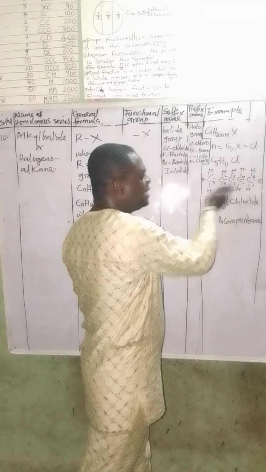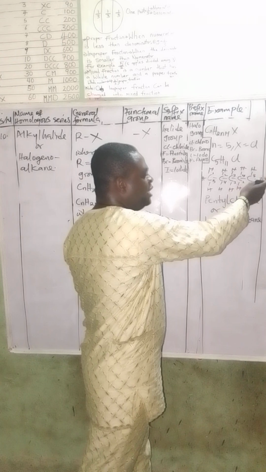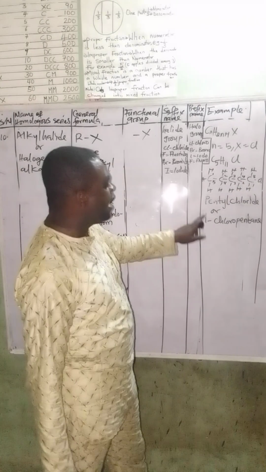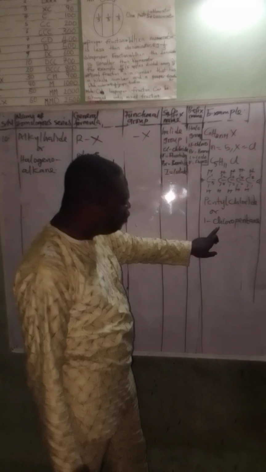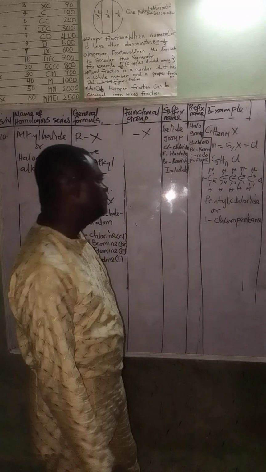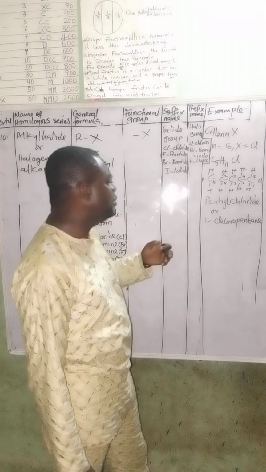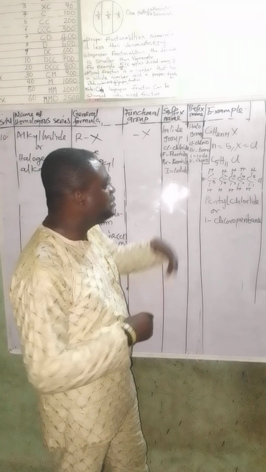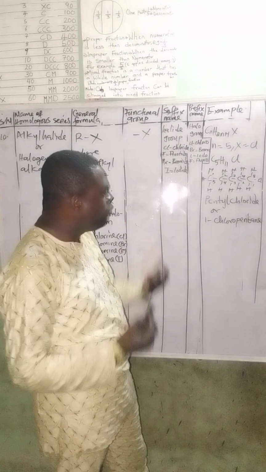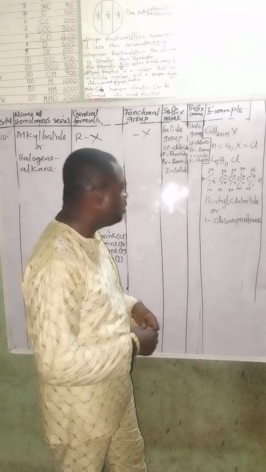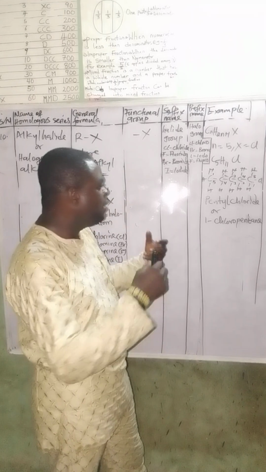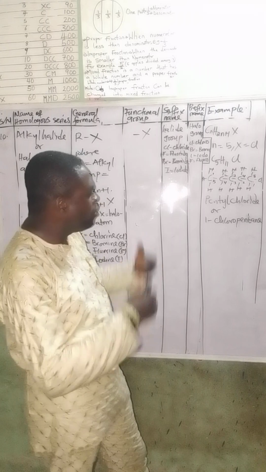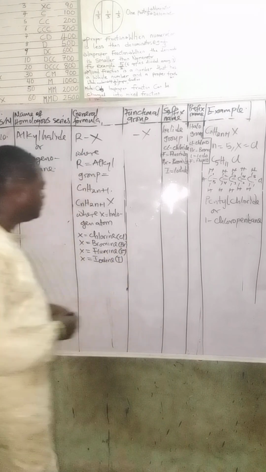So you start numbering from the side that gives the carbon bearing this functional group the lowest number, not the biggest, 5. That's why we have 1-chloropentane. If it is iodine, it becomes 1-iodopentane. If it is fluorine, 1-fluoropentane, or pentyl fluoride, pentyl iodide, and so on and so forth.